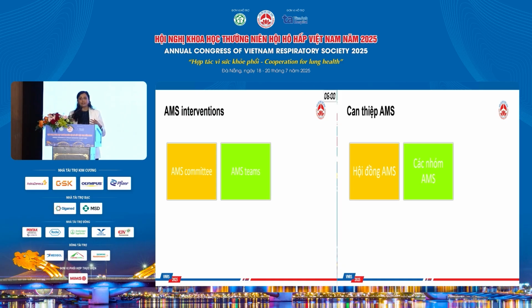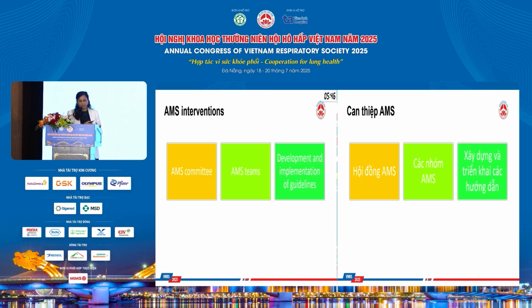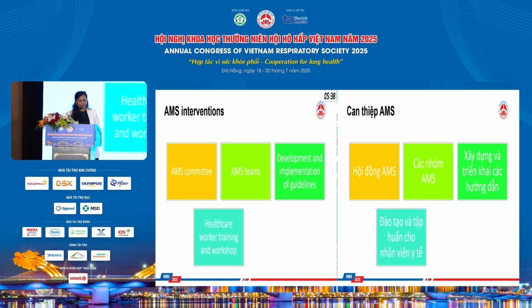We had a committee that had all the heads of departments of different departments. We had an AMS team that at least had 1 doctor and 1 pharmacist, clinical pharmacist, and if they had experience in infectious diseases, even better. We developed and implemented antibiotic guidelines that were specific for district hospitals, and it was based on the Ministry of Health guidelines.